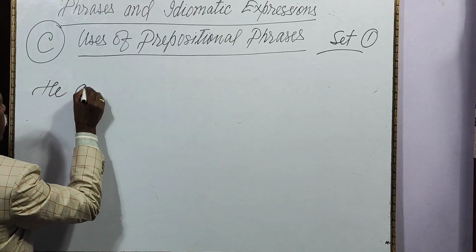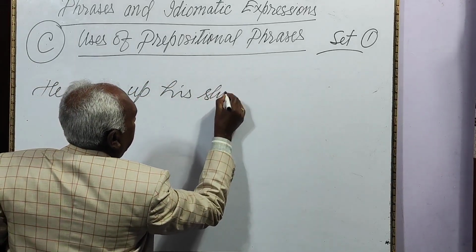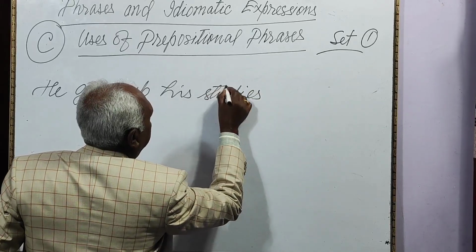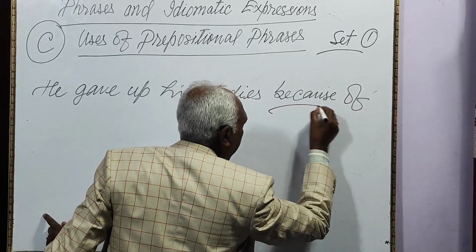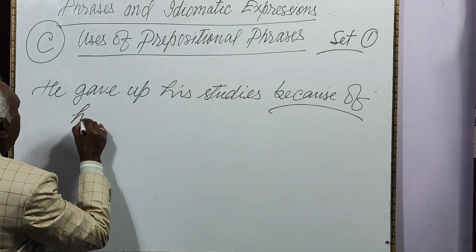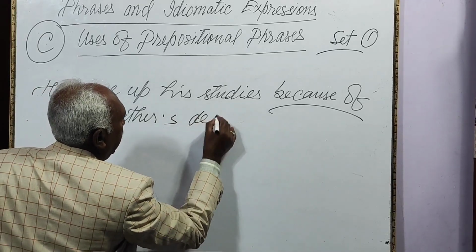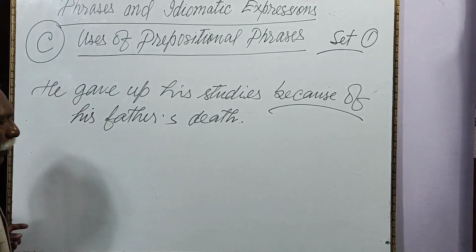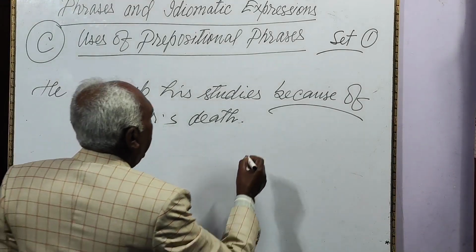Ram Shyam gave up his studies because of, कारण से, because of his father's death. पिता की मौत के कारण से. तो because of that means on account of, कारण से.